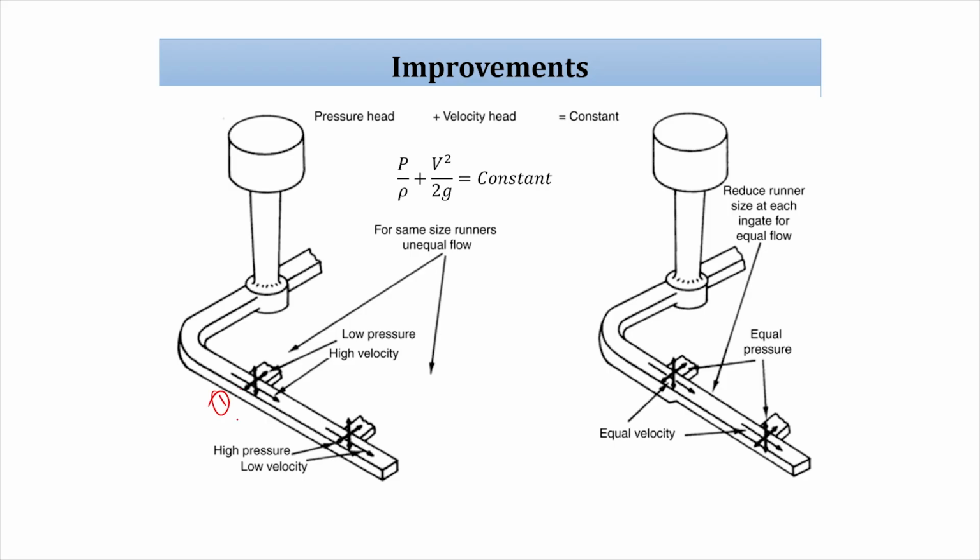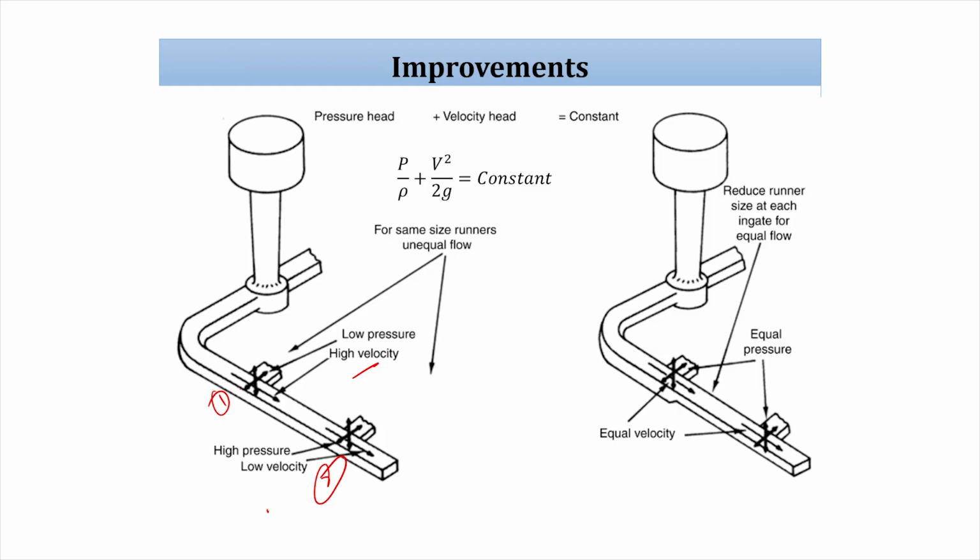Between 1 and 2, one has low pressure and high velocity, whereas the second has high pressure and low velocity compared to the first one, isn't it? So what will happen? A will fill faster compared to the second one. So, you will get uneven filling.